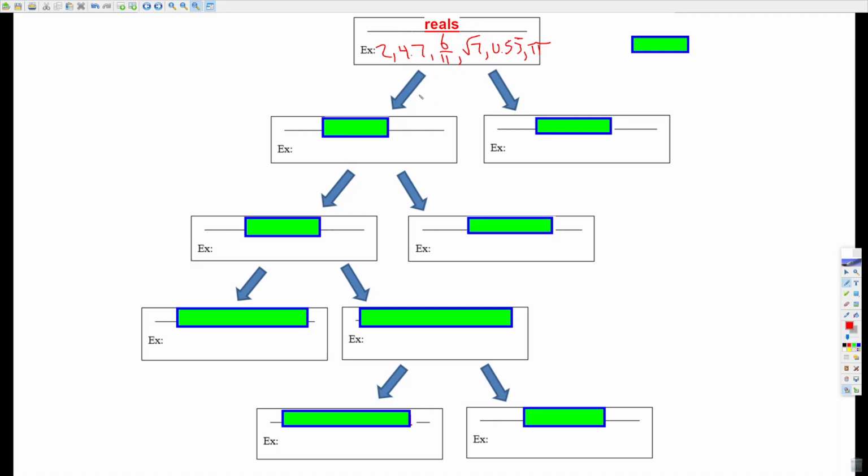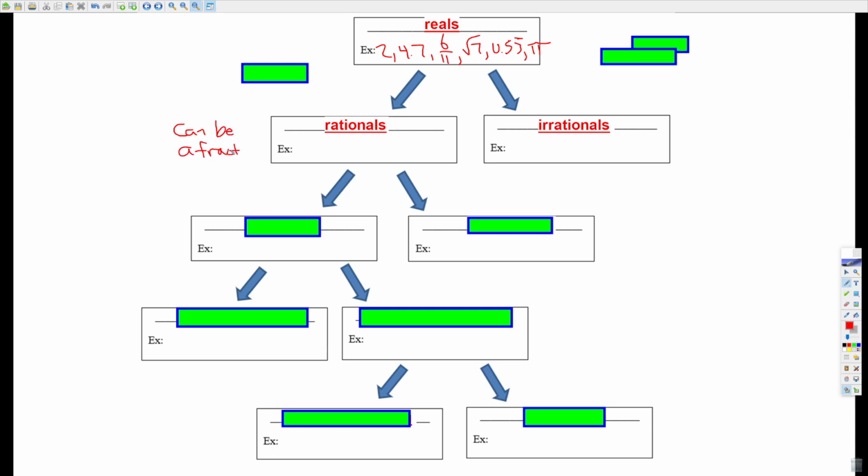And then we're going to break it apart into two separate categories, taking all the numbers you could possibly think of. One category is the rationals, the other one is the irrationals. So rationals is anything that can be written out as a fraction, specifically like a whole number over a whole number. So if you see like 7 over 3, which is a fraction, then it can be a rational number.